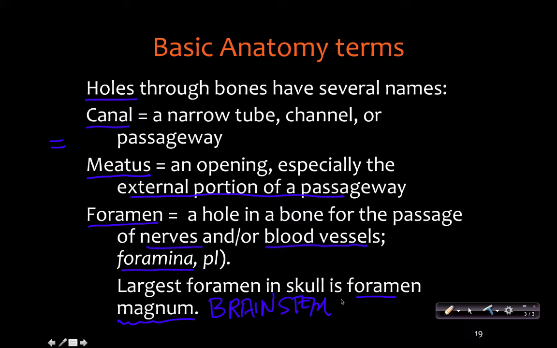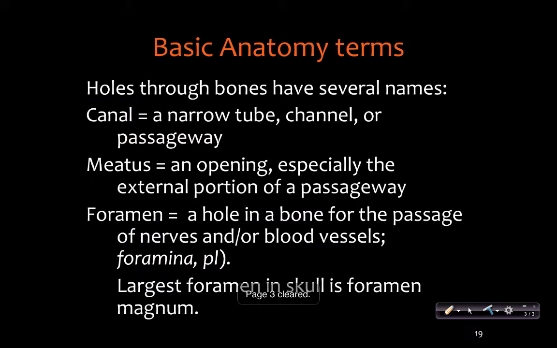The brain stem ultimately becomes your spinal cord. The inferior extensions of your brainstem, the spinal cord, allow the central nervous system to reach all parts of your body, and that has to depart the cranial vault via the foramen magnum. We'll see it here in just a second.